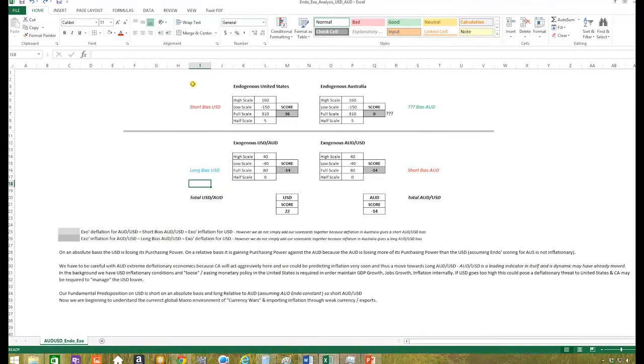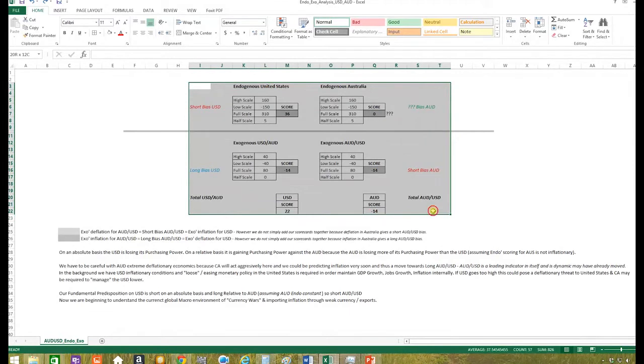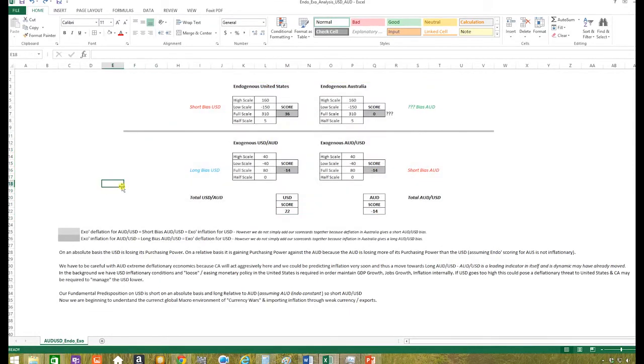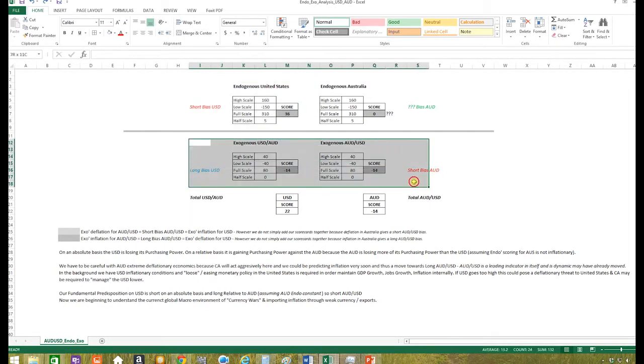So what does this whole analysis mean when we look at it all together? Okay, well, it means that on an absolute basis, the US dollar is losing its purchasing power. We know that through our endogenous driver analysis. But on a relative basis, it's gaining purchasing power against the Australian dollar, because the Australian dollar is losing more of its purchasing power than the US dollar.